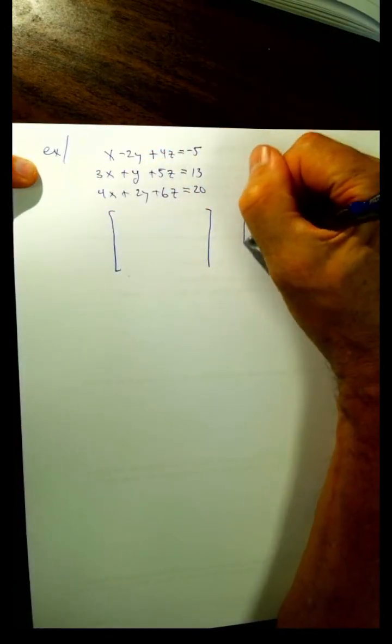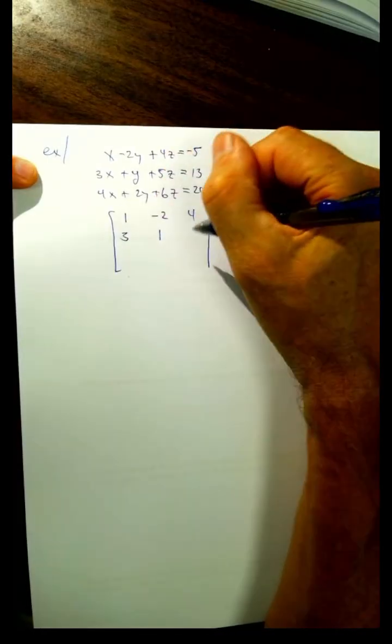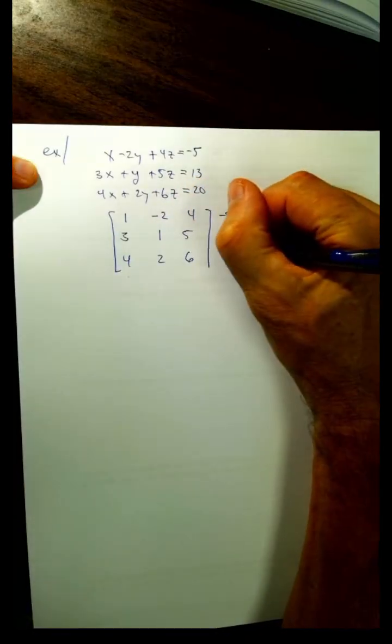If I put this in an augmented matrix, first equation is 1x minus 2y plus 4z is minus 5. Second equation is 3x plus 1y plus 5z is 13. Third equation is 4x plus 2y plus 6z is 20.